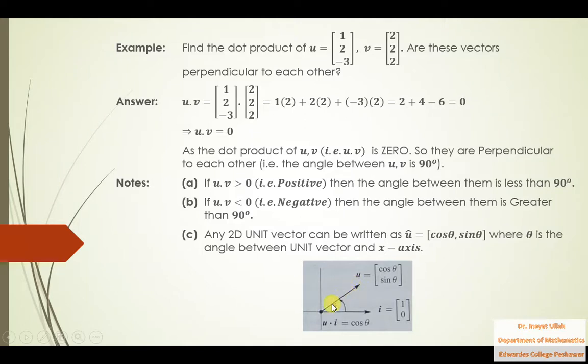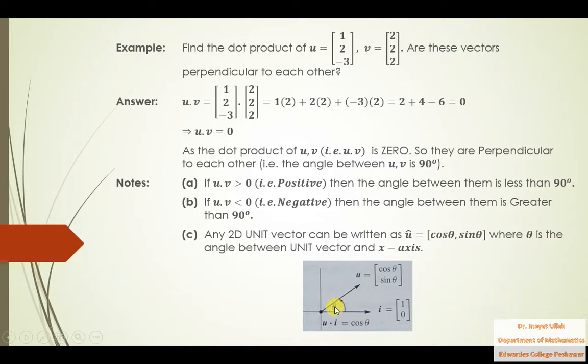So whenever a unit vector makes an angle theta with the x-axis in the positive, anti-clockwise direction, then that unit vector will be written as cos of this angle, sine of this angle.